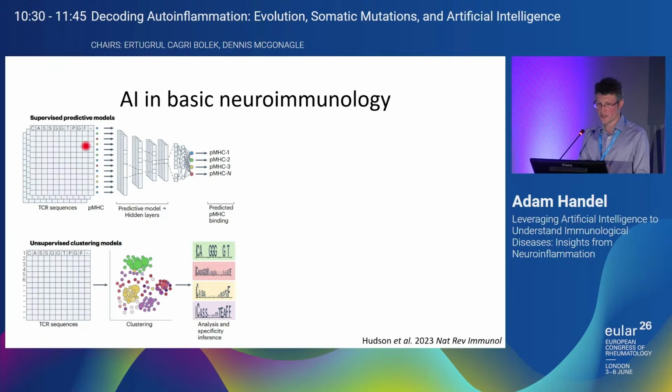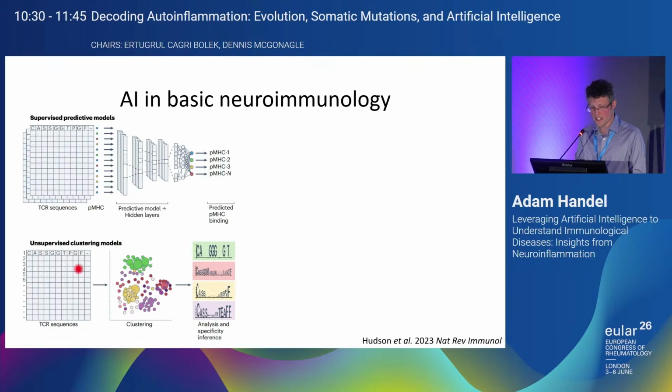And just as I showed you in the quadrants above, you can either have a supervised or unsupervised model. So in the supervised one, you essentially feed in a load of T-cell receptor sequences which are annotated by the peptide MHC molecule complex that they bind. That then generates a machine learning algorithm which you can then feed in with other unknown pairings in the hope that you can infer what antigen specificity there might be.